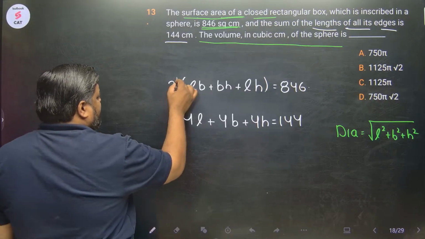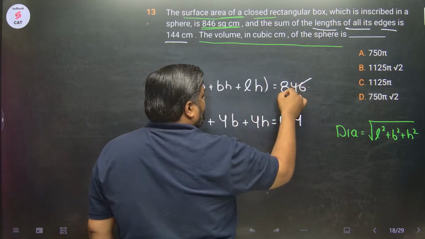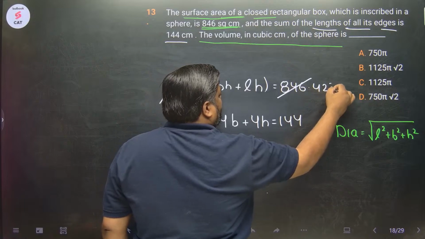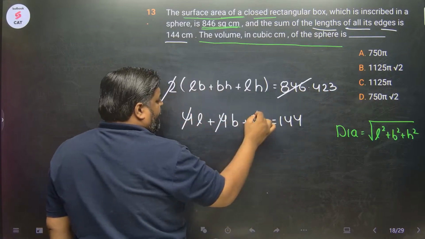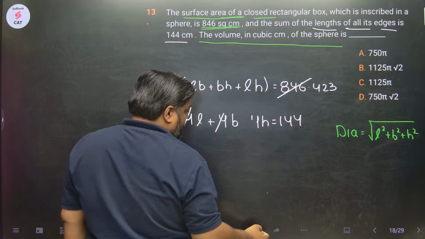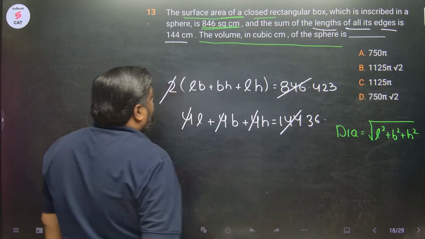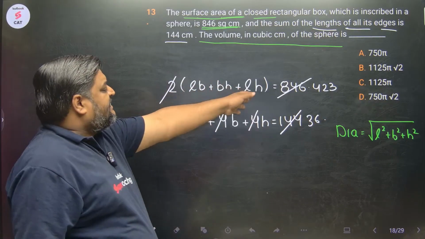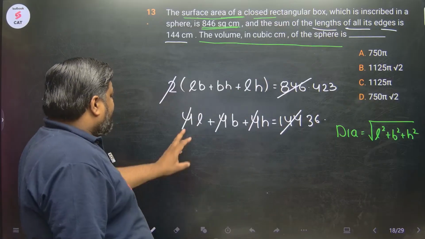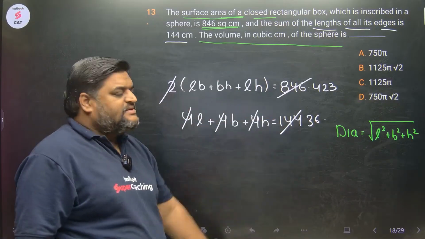So हम ये भी कर सकते हैं, 2 से ये कैंसिल आउट कर दो, 423 और 4 से ये कैंसिल आउट हो जाएगा 36. So I have LB plus BH plus LH is 423. I have L plus B plus H is 36.